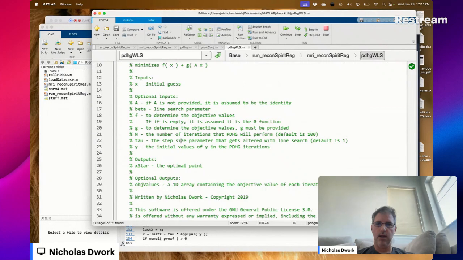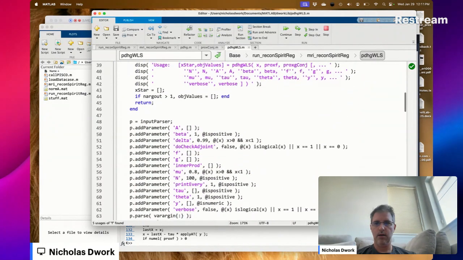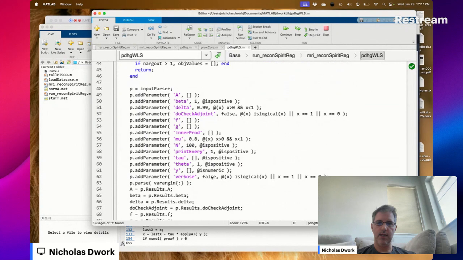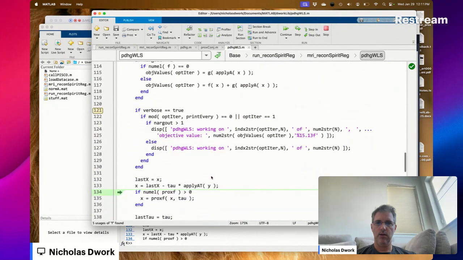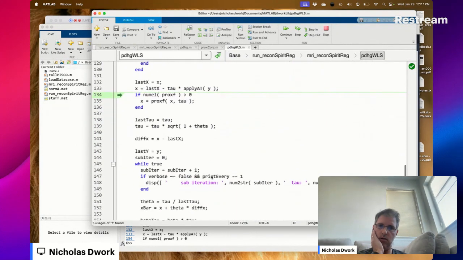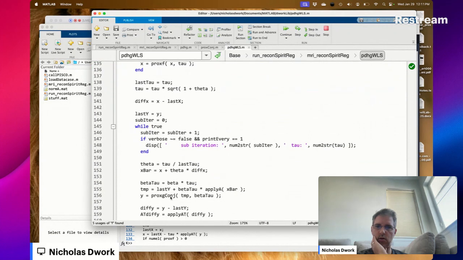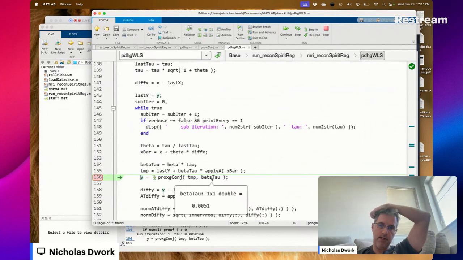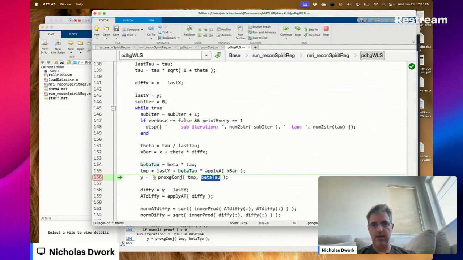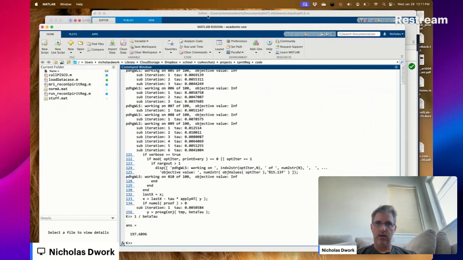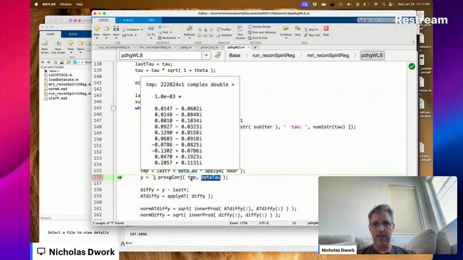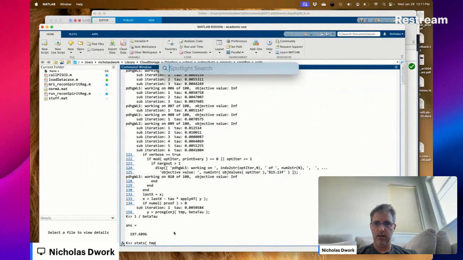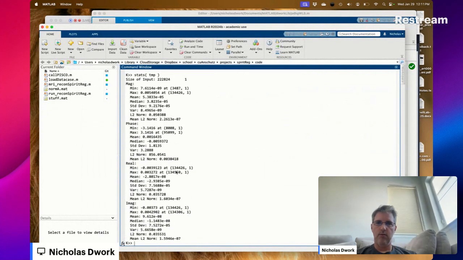Where is sigma? There is no sigma here. It's just tau. We got beta tau. Beta tau is 5 times 10 to the negative 3. So 1 over that is 200, for data that's very small.